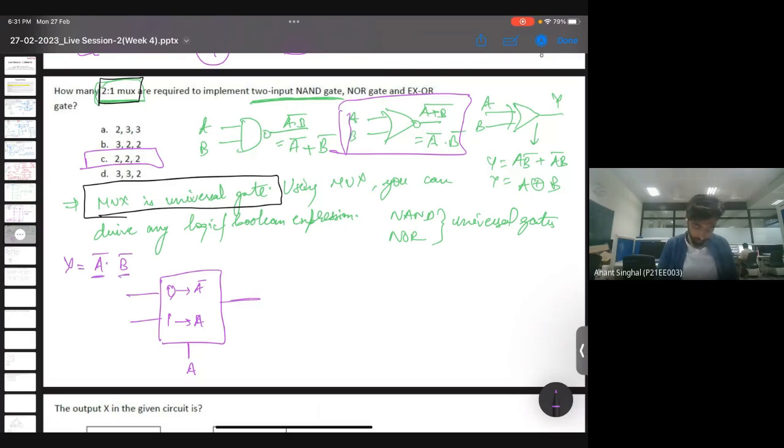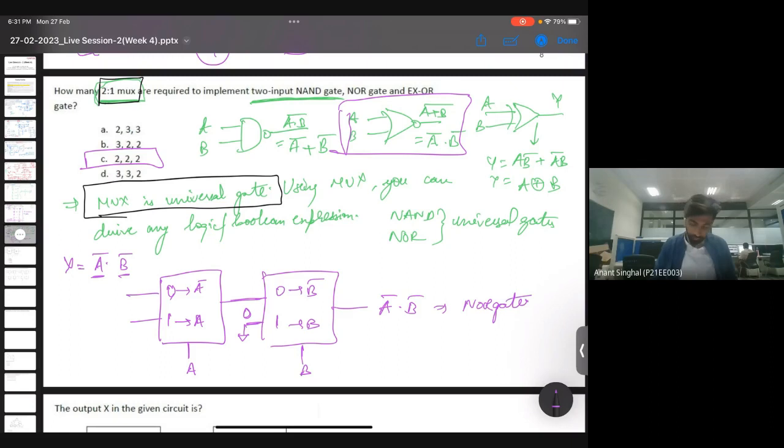If we have A bar as the output of this mux, we can multiply it using the select line of the second mux, where 0 corresponds to B bar and 1 corresponds to B. If we connect A bar to B bar and take the other input as ground, we get output A bar dot B bar, which is a NOR gate.